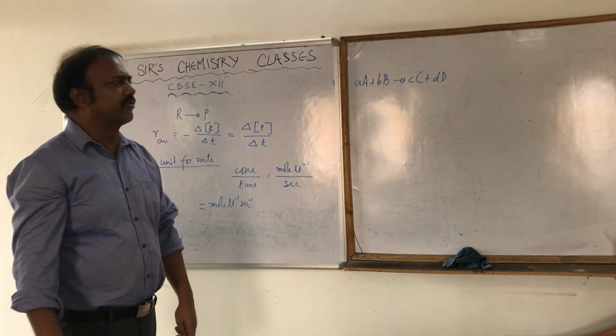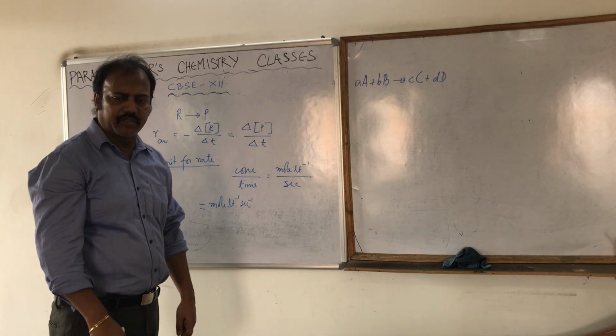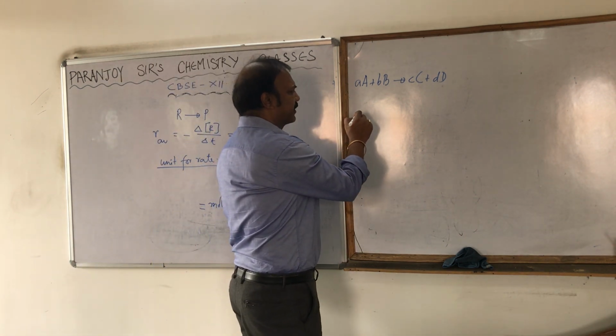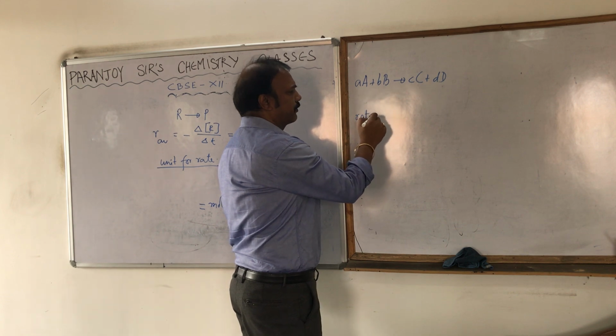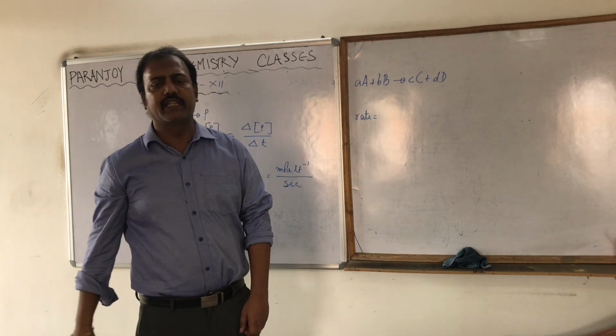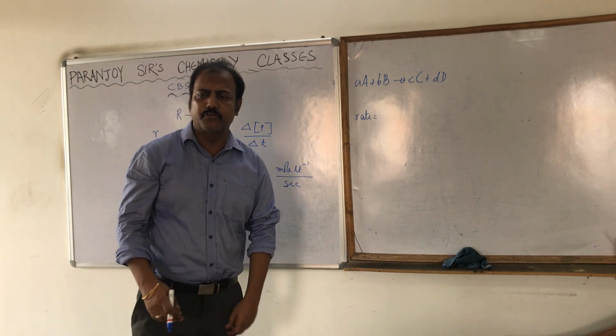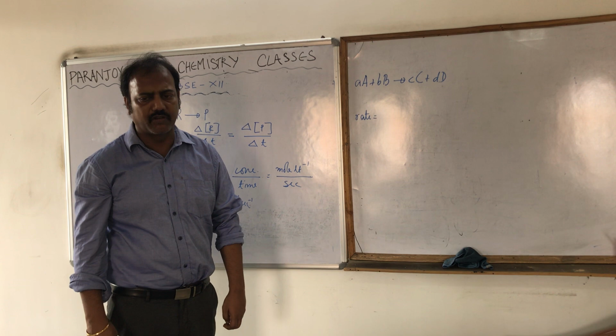Now for this general reaction, what is the rate expression? What is the rate of the reaction? Whenever we are calculating in terms of A, which is a reactant, there should be a negative sign. That concept we already have.